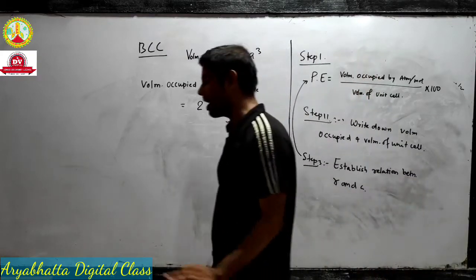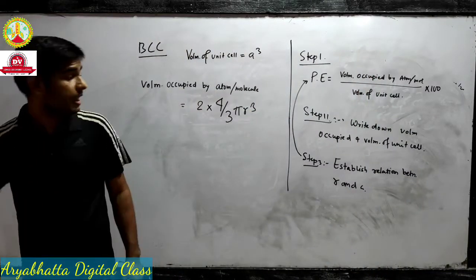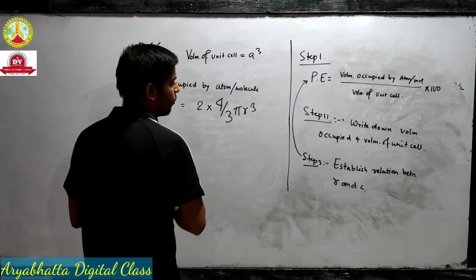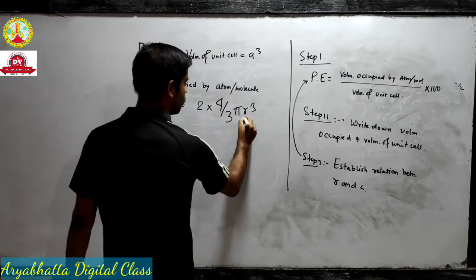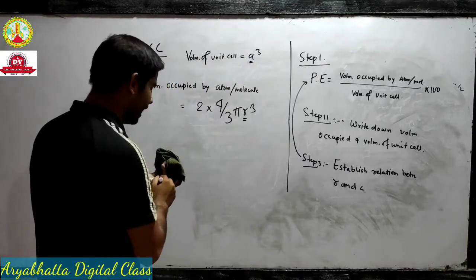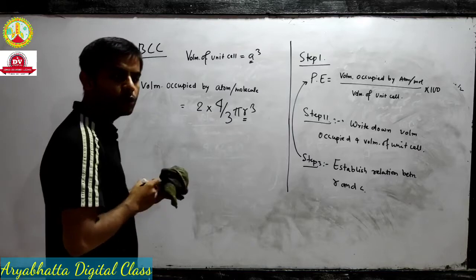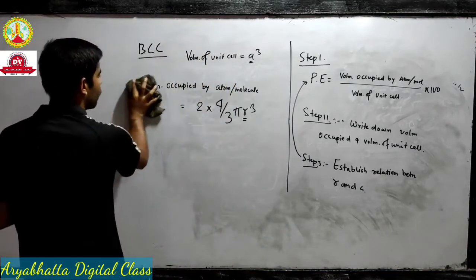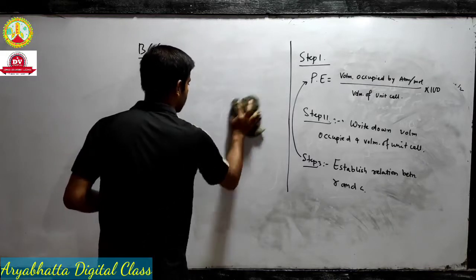Now in the next step, our goal is to establish a relation between A and R so that we can proceed with the elimination process. We will eliminate one of them and get the final result.